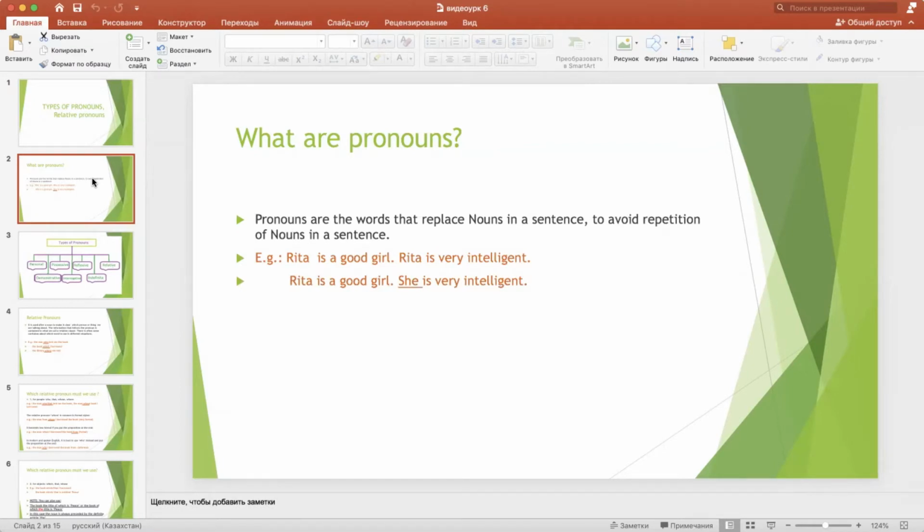So what is the difference between the first line and the second line? Yes, in the second line, we use a pronoun instead of a noun. So it means instead of Rita, we use she in order not to repeat the word Rita. Rita is a good girl. She is very intelligent. So this she is a pronoun.